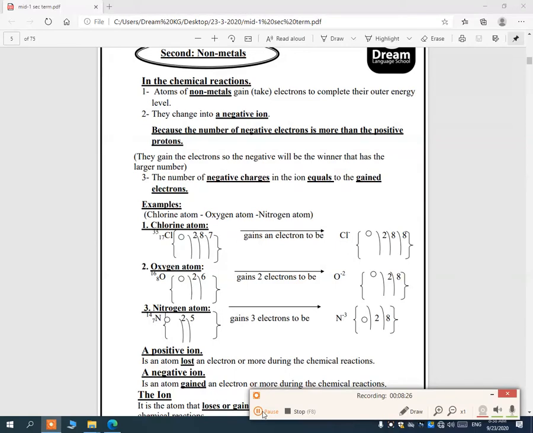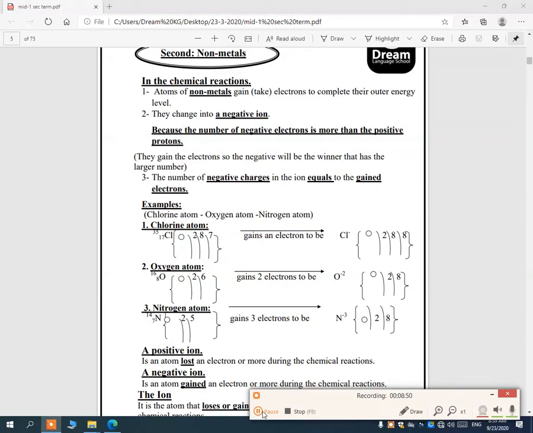The atomic number of oxygen is 8, so the electronic configuration will be K2L6. So the oxygen will gain 2 electrons to be an oxygen negative ion, which carries 2 negative charges because it gained 2. And the new electronic configuration will be K2L8.